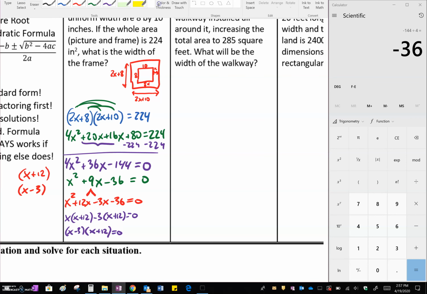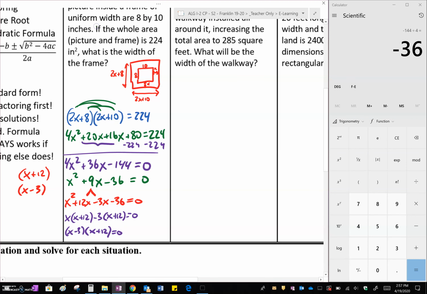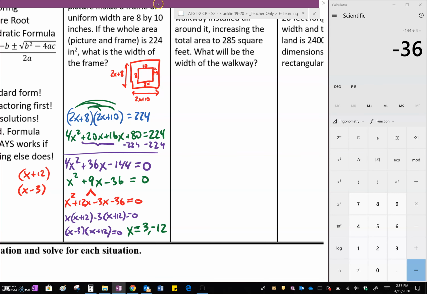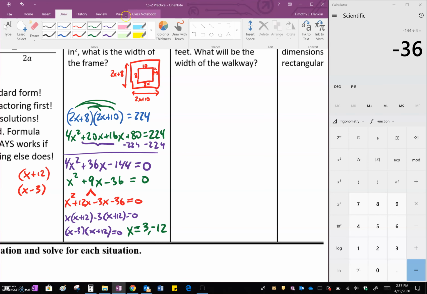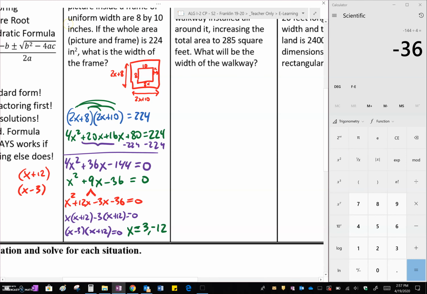And so the question asked us, what is the width of the frame? Well, if our two solutions here are 3 from this one, and negative 12 from this one, only one of those answers can be correct because our width is a positive number and negative 12 is not positive, so it can't be the width of a picture frame.